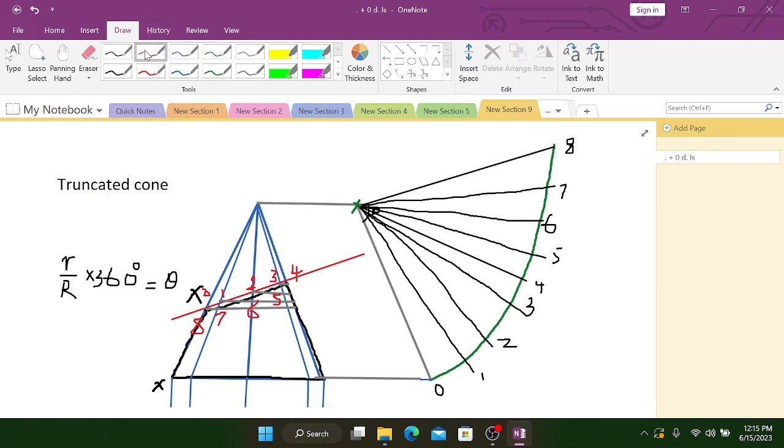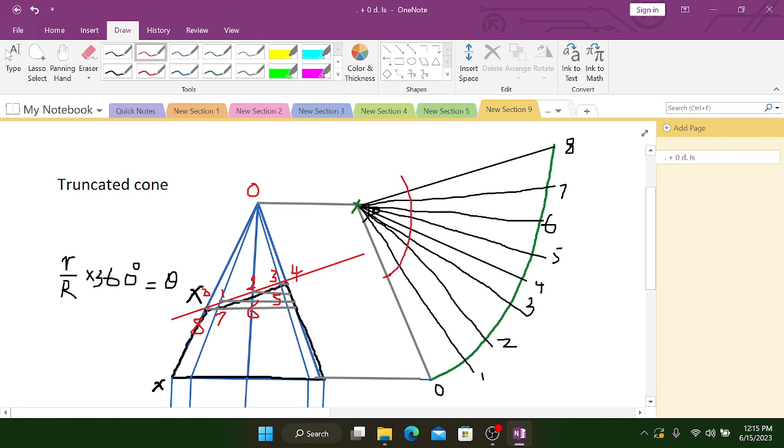Then I want to take the compass and get this value. Say this one is 0, O up to this first point, that is 4, no? Up to this 4 point I want to take from here, and I want to draw an arc in this way.